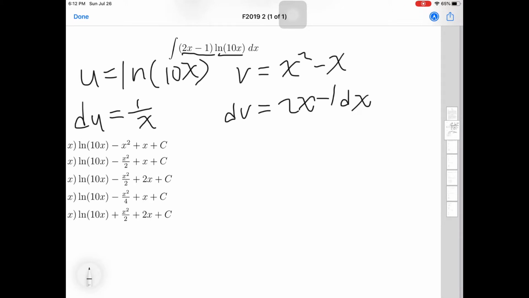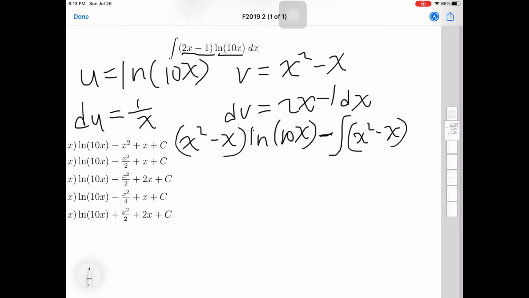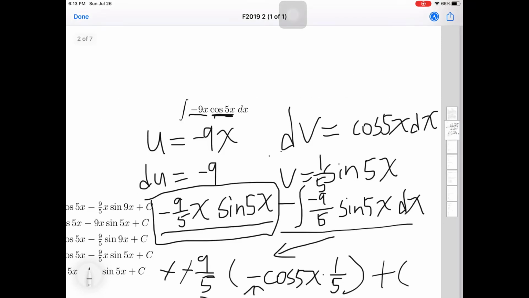And we can plug it into the by parts again. uv would be x squared minus x times natural log of 10x minus the integral of v du, which is x squared minus x times 1 over x.